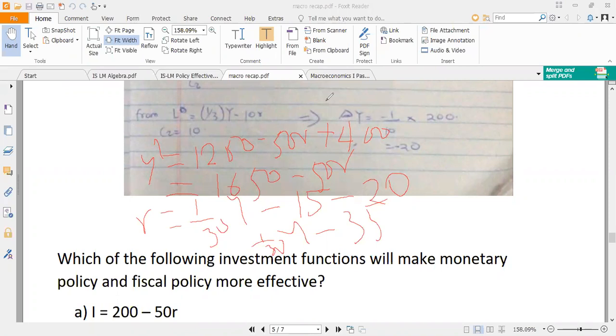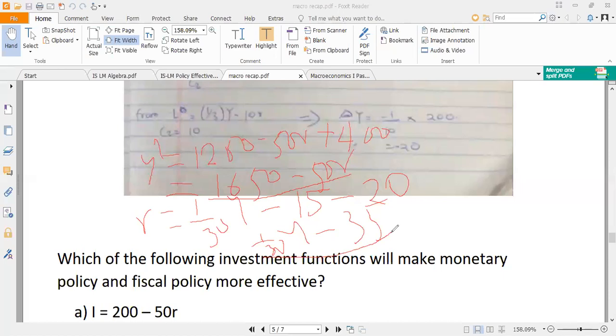Right. So now if you want to find your new equilibrium Y and R, you just equate these two new curves or equations. Just solve them like we did in the B. So you go through those steps and then you get your new Y and your new R. So whenever there are changes in G, T and M, this is what you have to do.